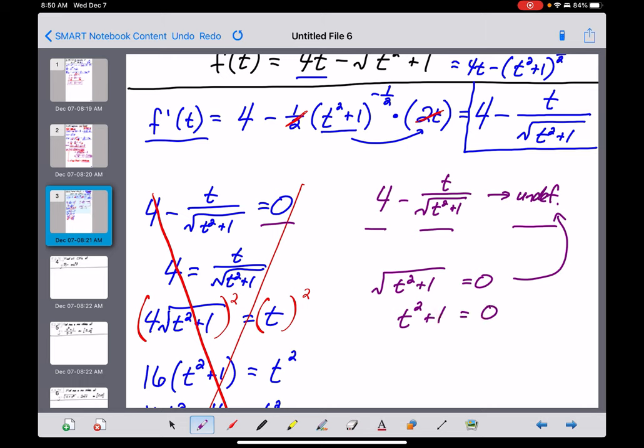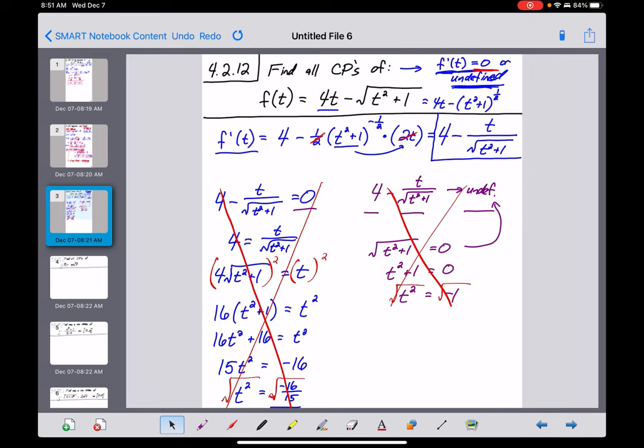If I subtracted the 1, I'd get t squared equals negative 1. And if I took the square root of both sides, yet again we'd end up with an imaginary solution. So it seems there are no values of t that would make our derivative either 0 or undefined. Both of those required imaginary numbers.